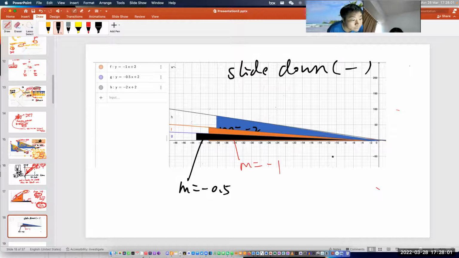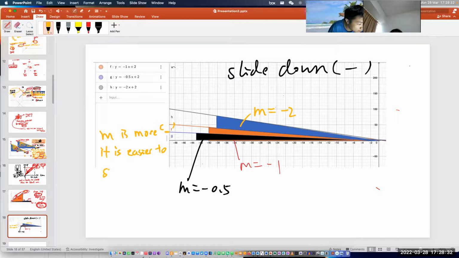So what do you observe here? So for slide down, which is negative gradient, what do you observe here? You observe that when the gradient is more negative, it is easier to slide down, right?